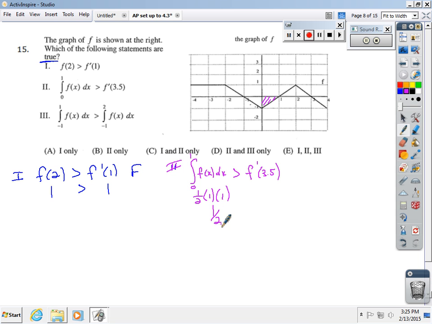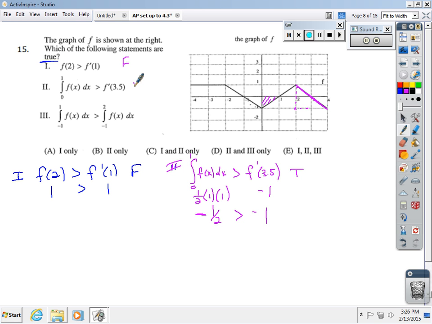So that is 1/2, and it's negative because it's an integral. The slope at 3.5, which is somewhere in here, so again, the slope of this line we're looking at, and that is down 2 over to the right 2, or down 1 over 1, and that is going to be -1. So is -1/2 greater than -1? That is true. So that guy is going to be true.